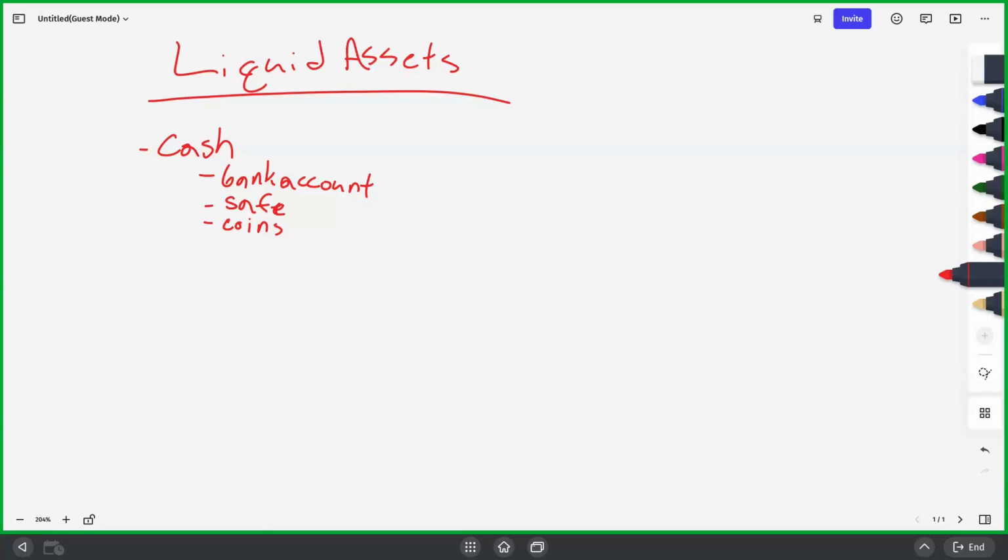Now, what about an account receivable I'm hopefully going to receive within a week? Is that liquid? Yeah, it would be. It's not a liability. It's a liability to them because they owe it to me. The reason it is liquid is because of the terms that it applies to. Technically, I should be getting that cash within a week. For liquidity of assets, you want it under 30 days.